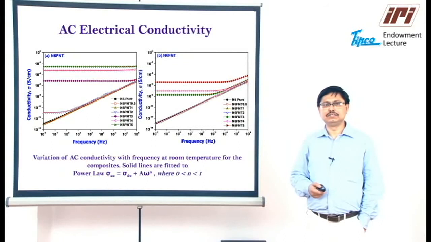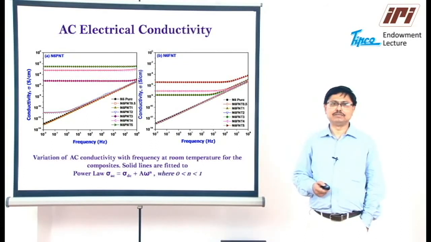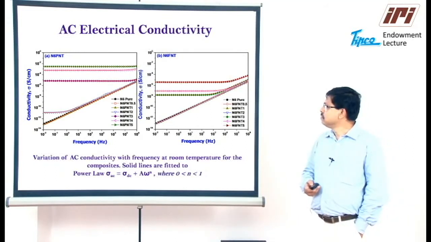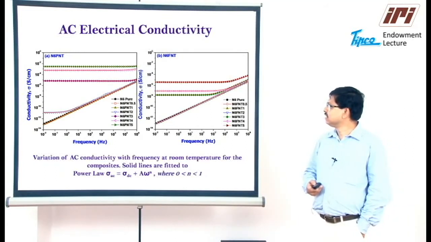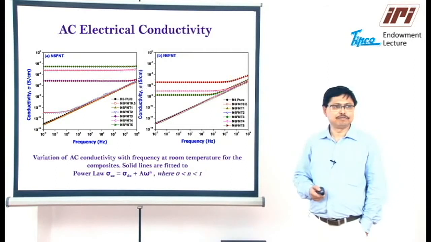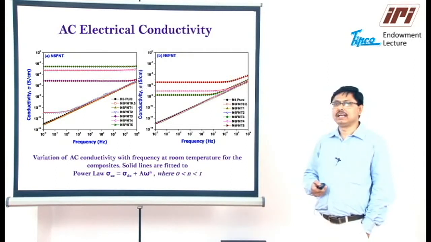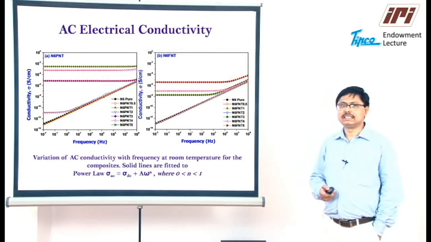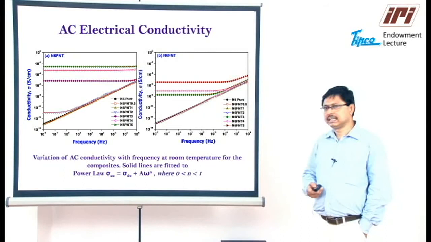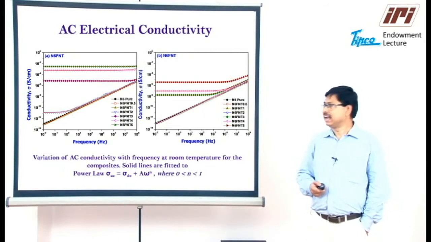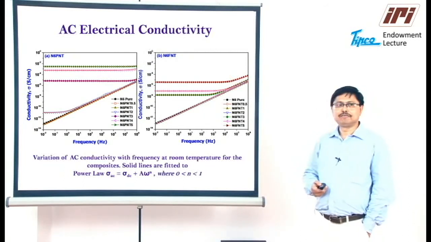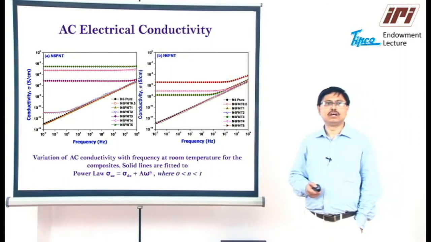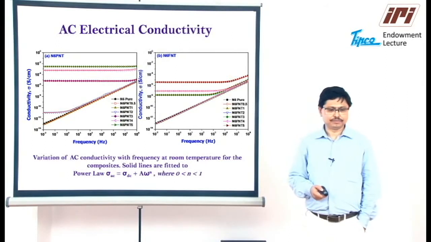In this AC electrical conductivity measurement, one can find a DC plateau beyond the percolation threshold at 3 weight% over the entire frequency range, and one can calculate the DC conductivity from the power law sigma AC is sigma DC plus A omega to the power n, where omega is the critical frequency, which also shifts with increasing multi-wall carbon nanotube concentration.